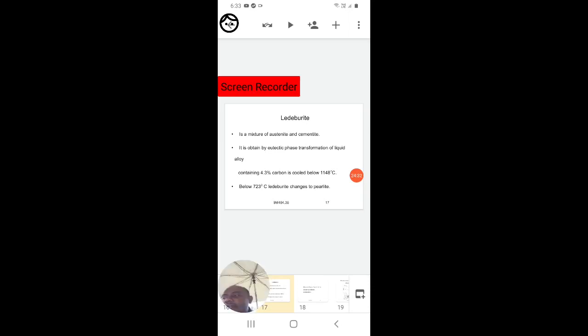In peritectic reaction, solid plus liquid combine to give rise to another form of solid.